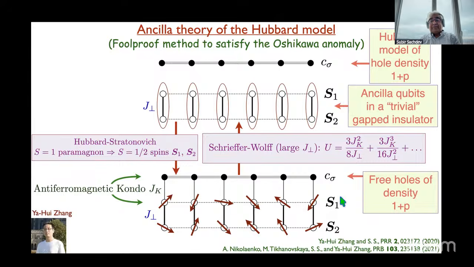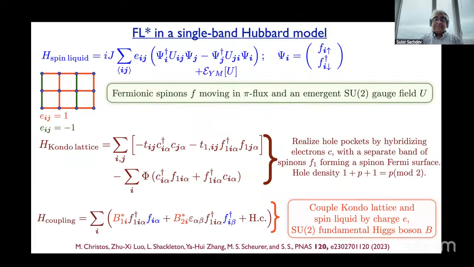You have electrons and the band of spinons F1 here and the band of spinons S2 here. I'm sorry, I don't have time to go into the details. They're a little technical. But in the end, either by using this ancilla method or just using symmetry arguments, you can write down some effective theory for the fermions and the bosons in the pseudogap. This is the full theory, but I won't spend any time on it.